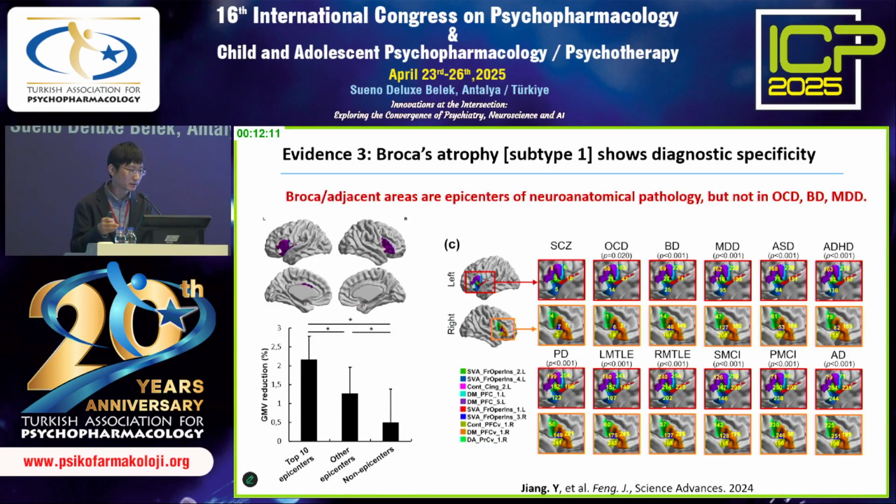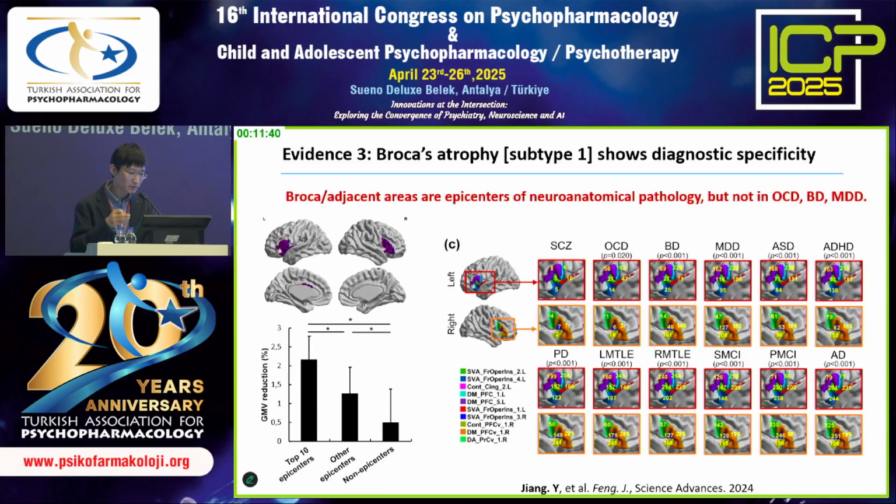The third evidence is another of our works. We found Broca's atrophy features may have diagnostic specificity among several mental disorders. We used a method called epicenter mapping. It's a brain imaging method that can find the epicenter of brain atrophy spreading from one region to another.